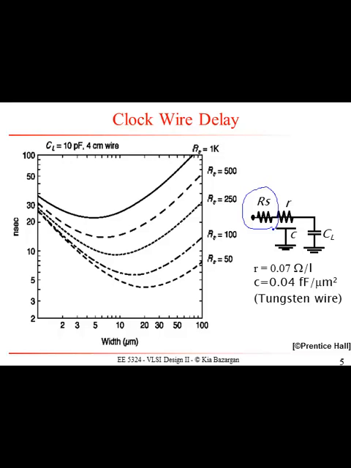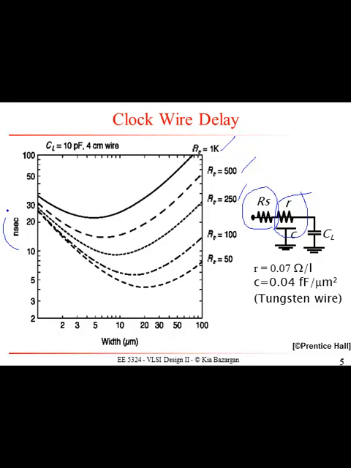So this could be a big buffer driving the clock signal. And then you have the intrinsic RC, resistance and capacitance, of the clock wire or clock tree, and then you have a load that the clock is going to be delivered to. You can see here as you change the clock driver size, the timing is going to change.